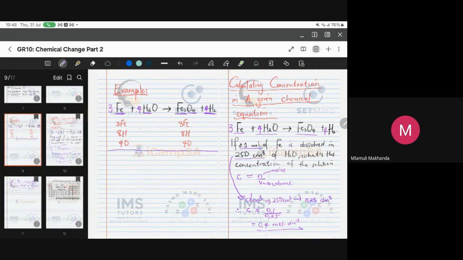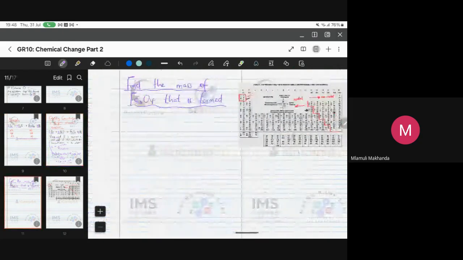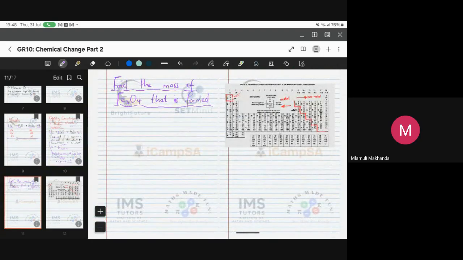How would we do it? So since we have already been given the number of moles of Fe, we would have to take the ratio of Fe to Fe3O4.